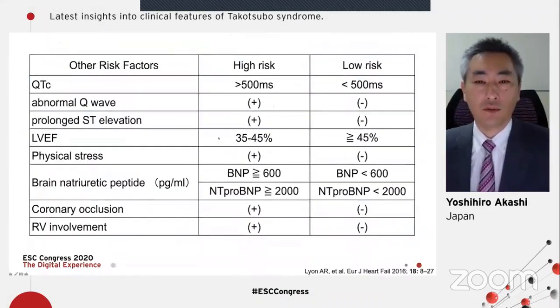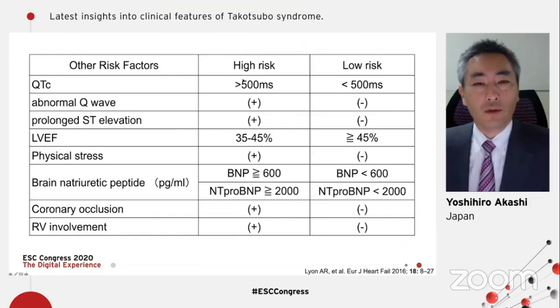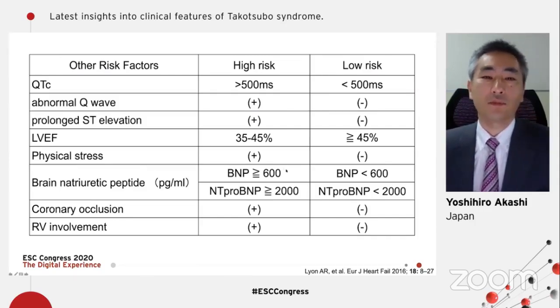Regarding other risk factors, prolonged QT interval over 500 milliseconds and high plasma BNP levels indicate high-risk patients. Careful follow-up is required.